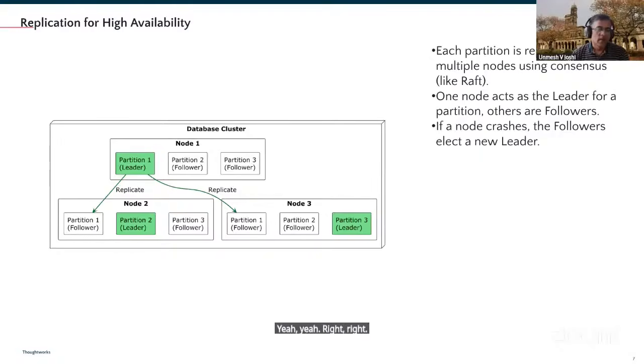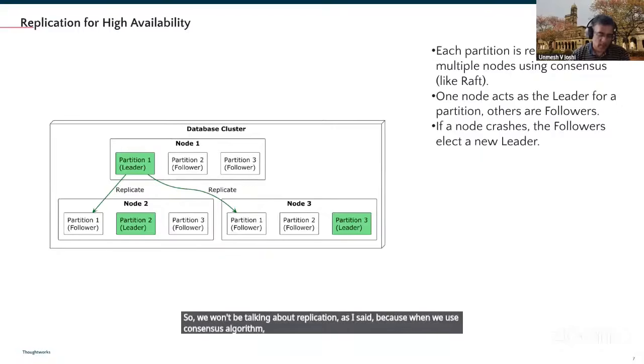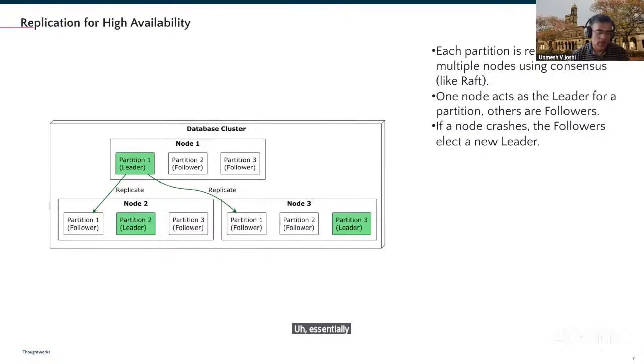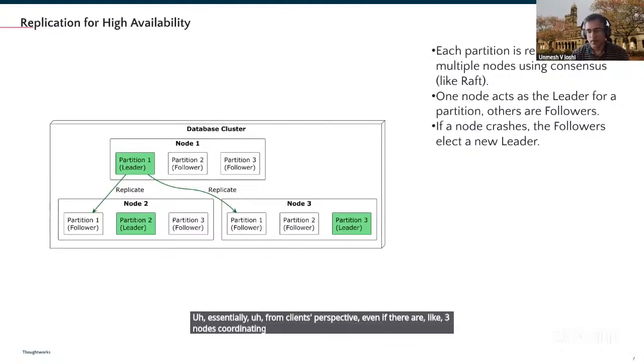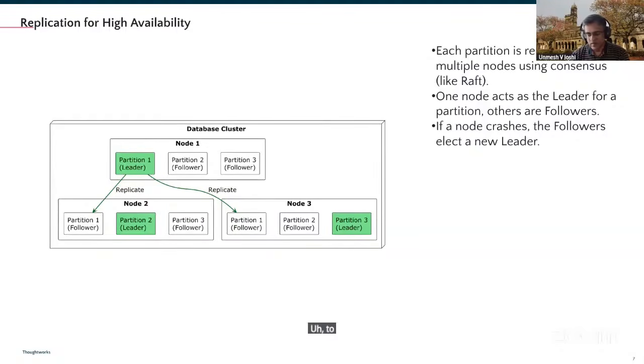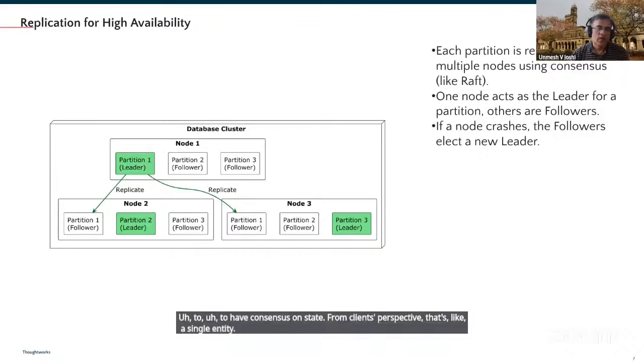Right, right. So we won't be talking about replication, as I said, because when we use a consensus algorithm, from the client's perspective, even if there are three nodes coordinating to have consensus on state, that's like a single entity.